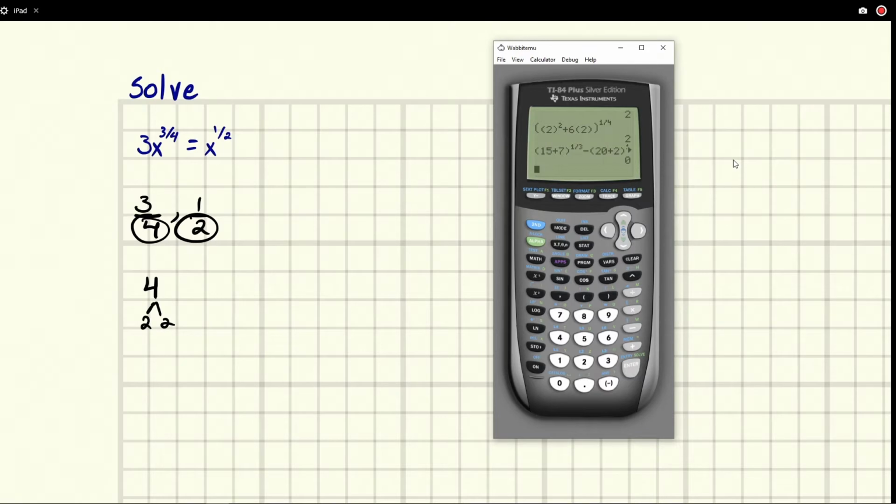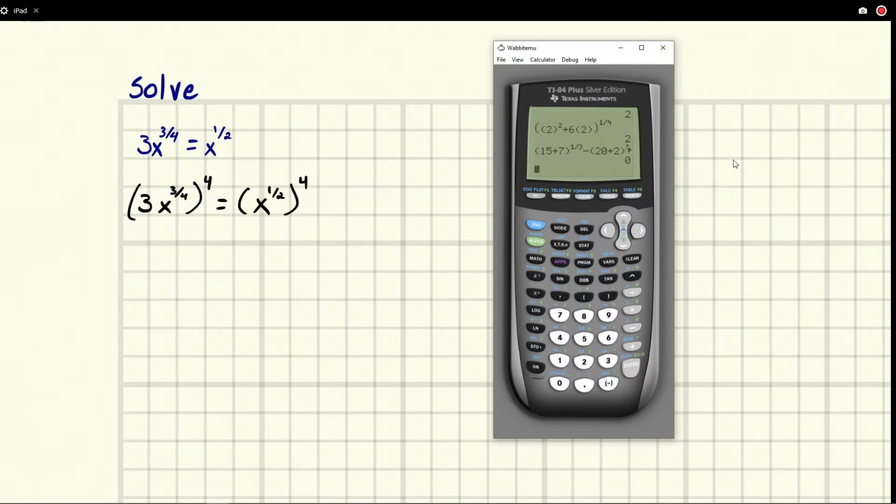By identifying this lowest common denominator, we can tell that if we raise both things to the 4th power, they will simplify out all the powers. If we take 3 times x to the 3/4 and raise this to the 4th power, and if we do it to one side, we have to do it to the other.